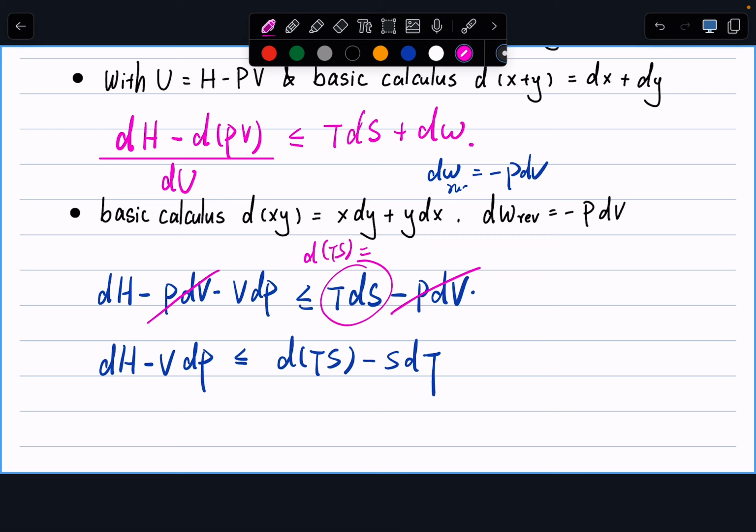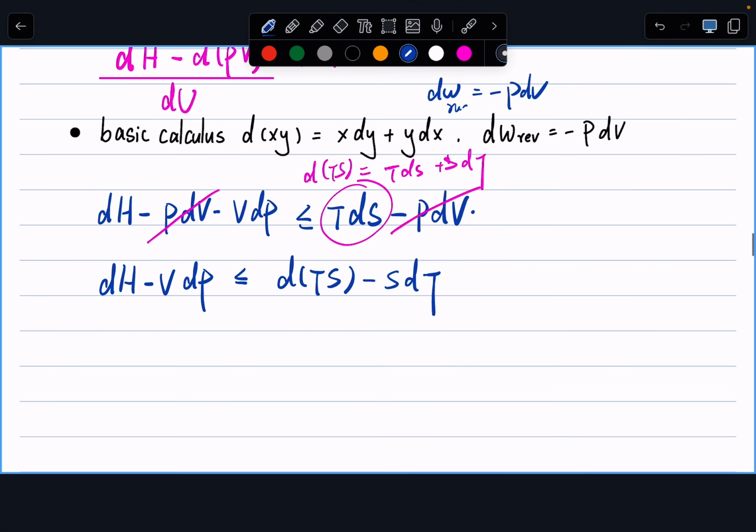Your TdS equals dTS minus SdT. And we can simplify the terms a little bit by moving my TS to the left-hand side: dH minus dTS smaller than or equal to negative SdT plus VdP.